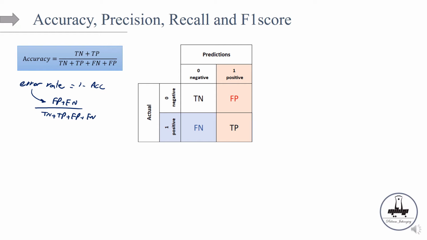But what if the data is highly imbalanced? Let me give you an example. Imagine you're working with the default rate on credit cards, and we know that usually the default rate in the entire population is less than a couple of percent.